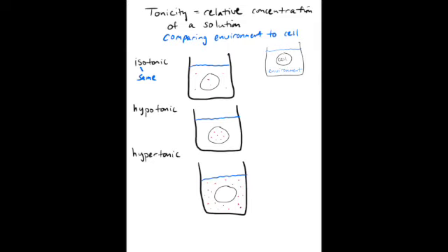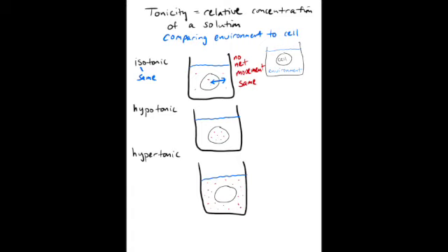It means we have the same concentration of solute in both the cell and in the surrounding environment. Water is going to move into the cell, but water will move out of the cell at the same amount. So we can say that this has no net movement. And that means that the cell is going to stay the same.